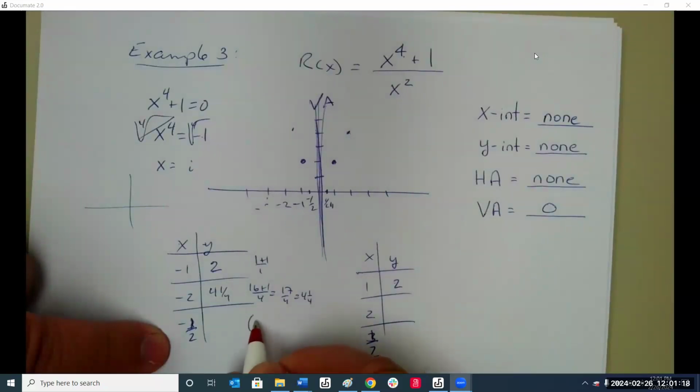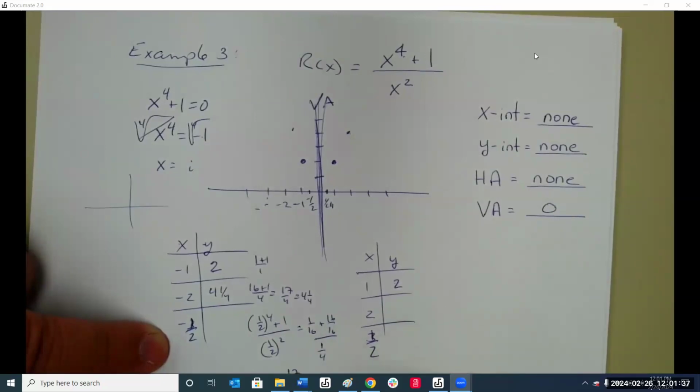So we have 1/2 to the 4th plus 1/2 squared. 1/16 plus 16/16, 1/4. 17/16 is 4 1/4.